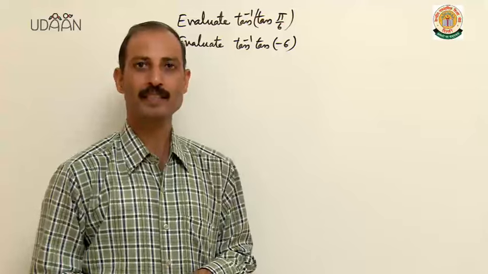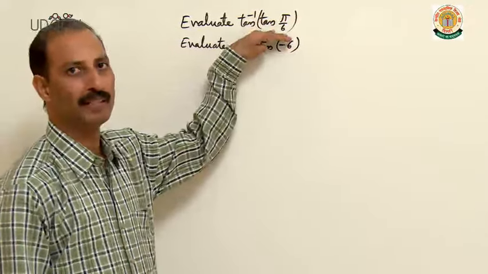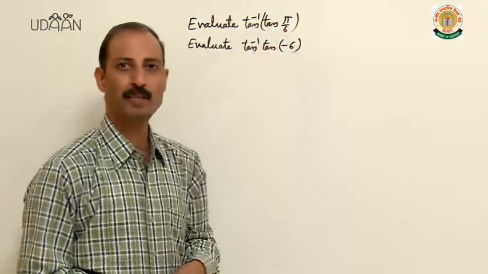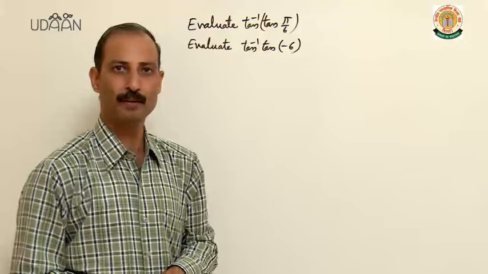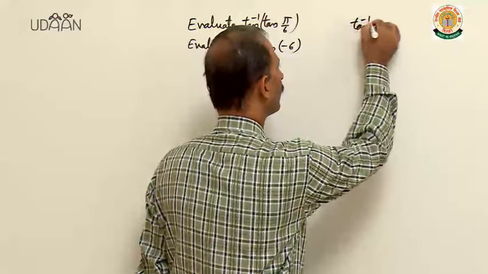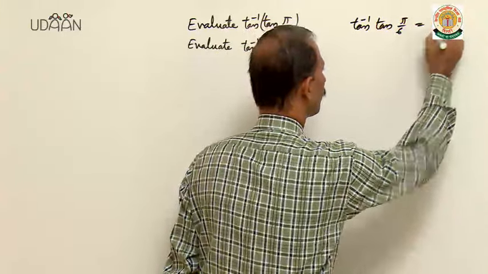Children, see in this example, we have to evaluate the value of tan inverse tan 10 pi by 6. Now you can see pi by 6 lies between minus pi by 2 and plus pi by 2. So the value of tan inverse tan pi by 6 is pi by 6.